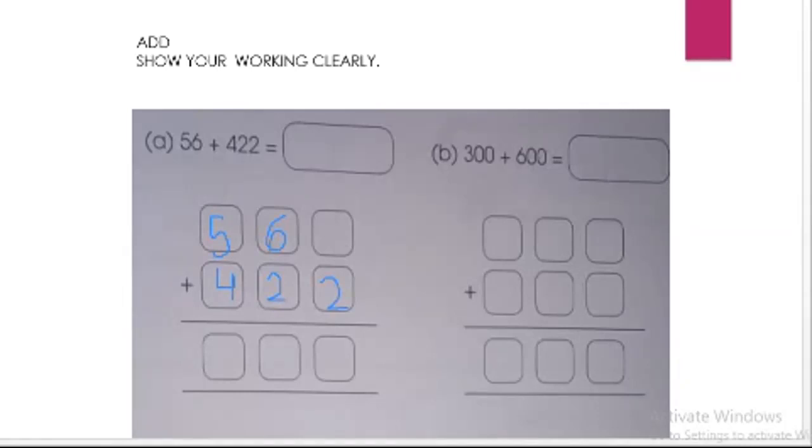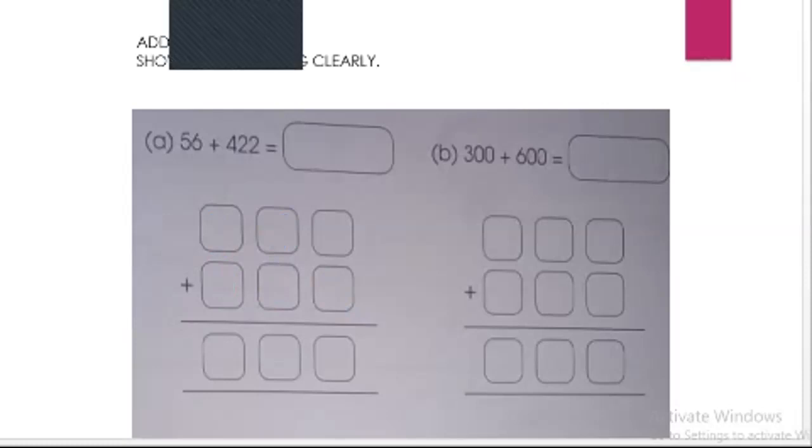Now, I'm erasing this mistake, and I'm going to tell you a trick: mention the place values on the top of it. This is ones, this is tens. It's just a small trick that you can do to avoid mistakes. Ones, tens, hundreds.